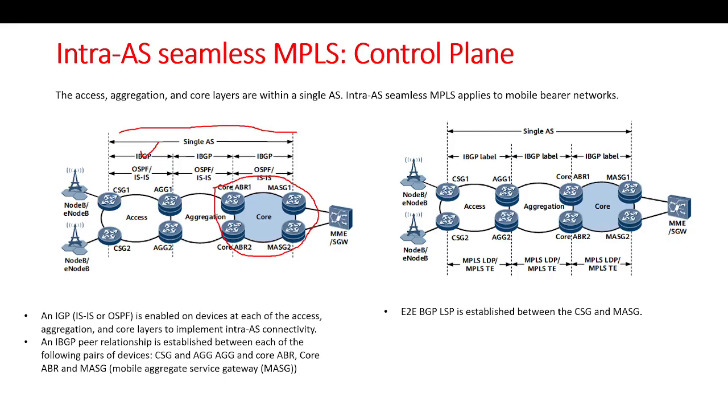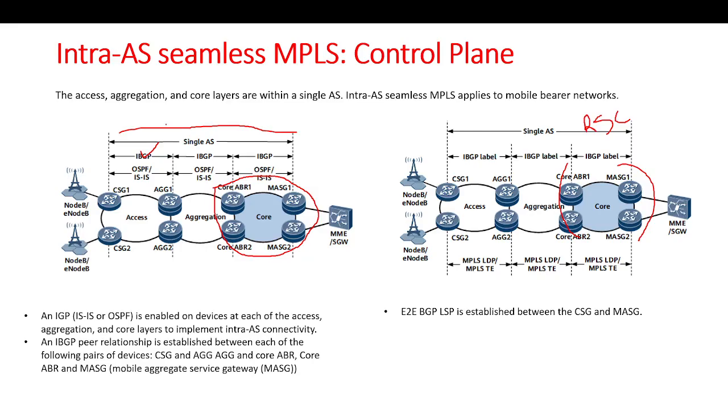And then we have the end-to-end BGP LSP that will be established between the CSG and the RSG. Remember, I've said that many times we have these devices aggregated into the RSG, the radio site gateway. So you will have end-to-end LSPs established from the CSG to the RSG, so that we are able to forward these services from the radio side to the controller side.